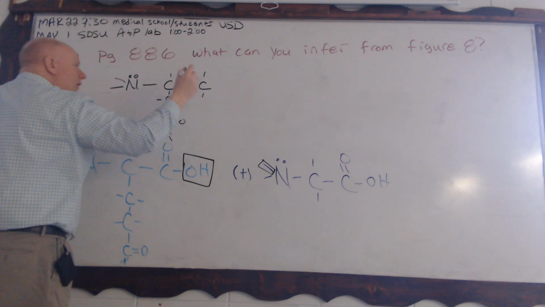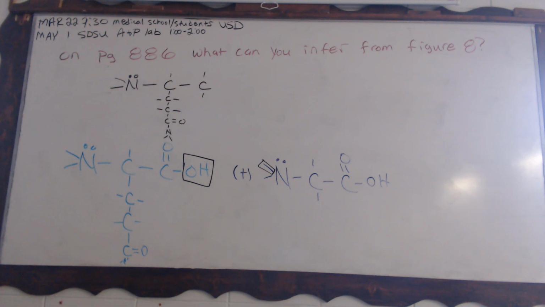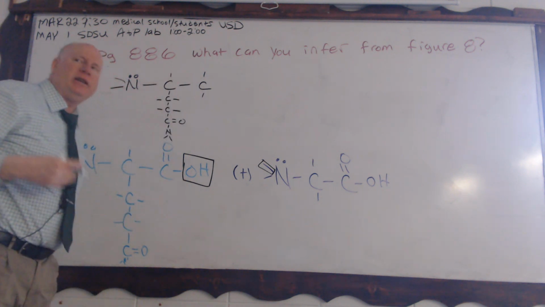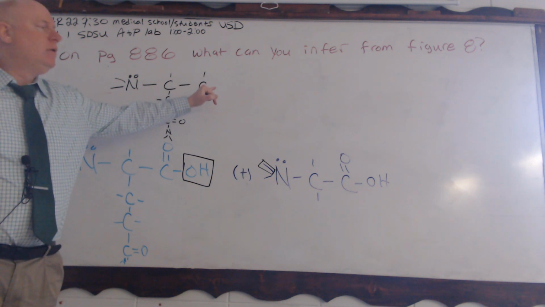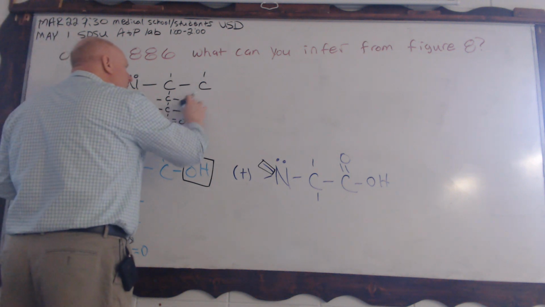Now careful with this. Is this right so far? I did that intentionally. Right when I wrote it, I said, that's not right. See if you can say why that is not right. Yeah, we can't have a hydrogen there because that's where a double bonded oxygen is.